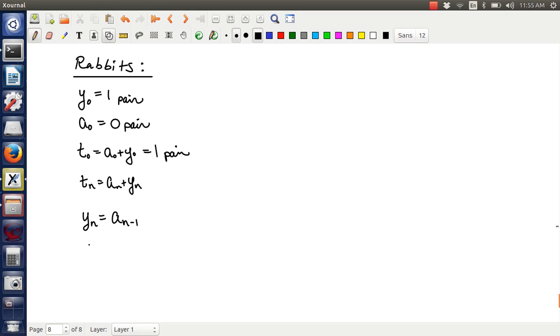All right, we know something else about the adult rabbits. You have to take all the adults you had last month. None of the rabbits ever die. Okay, and then you add that to the youth that you had last month. Okay, so last month adults got pregnant, and then they're having the youth this month.